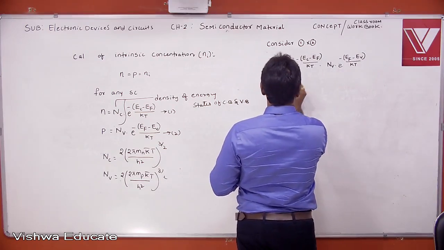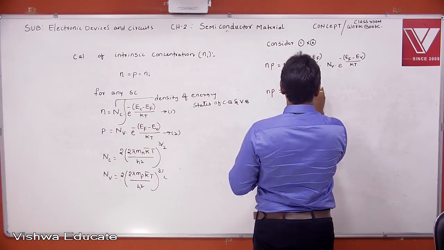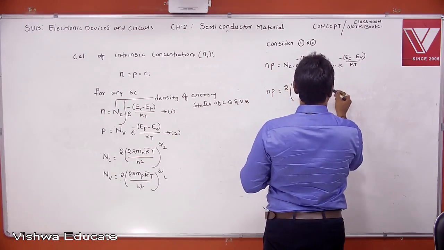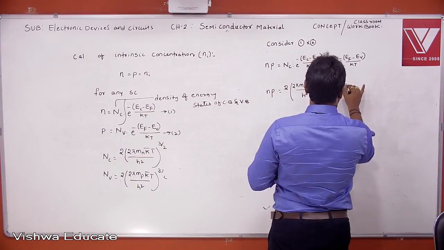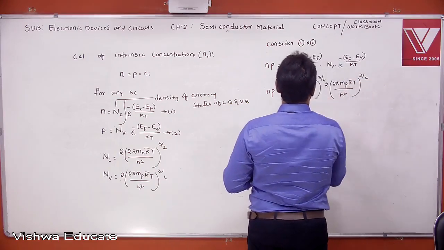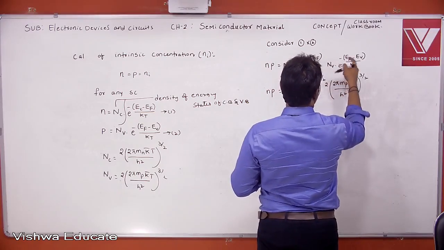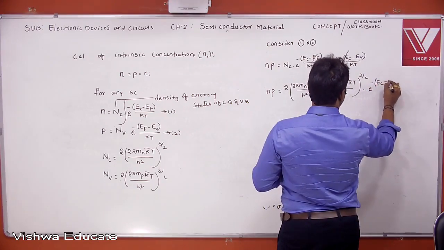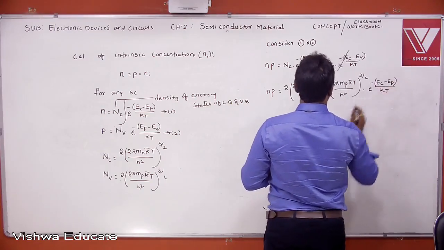Now np equals, with Nc equal to 2 into (2 pi mn k T by h square) whole power 3 by 2 and Nv equal to 2 into (2 pi mp k T by h square) whole power 3 by 2. The Ef terms in both exponentials cancel, and the rest of the term is e power minus (Ec minus Ev) by kT.